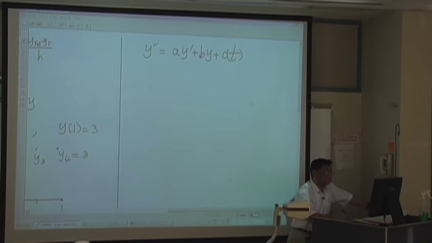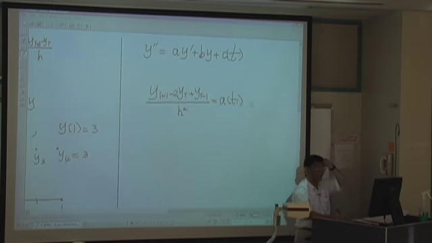y_{i+1} minus 2y_i plus y_{i-1} over h squared equals a of t_i, and y.